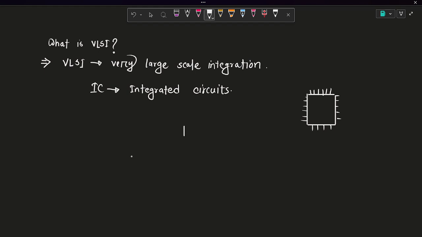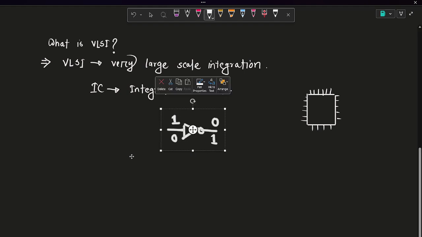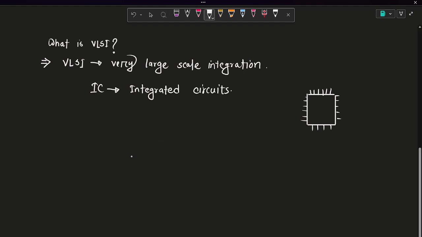We all know we use an inverter to make one, or high voltage, to a low voltage, zero. If we put zero at the input, the output will be 1, right? So this is a calculation. This is a single calculation for an inverter. But in real life, or in the practical world, we need to perform tasks.